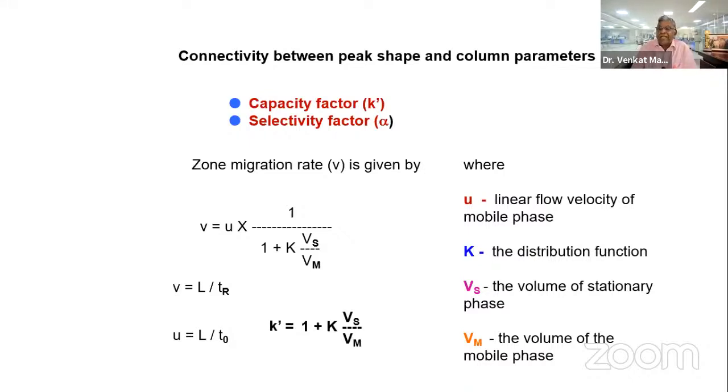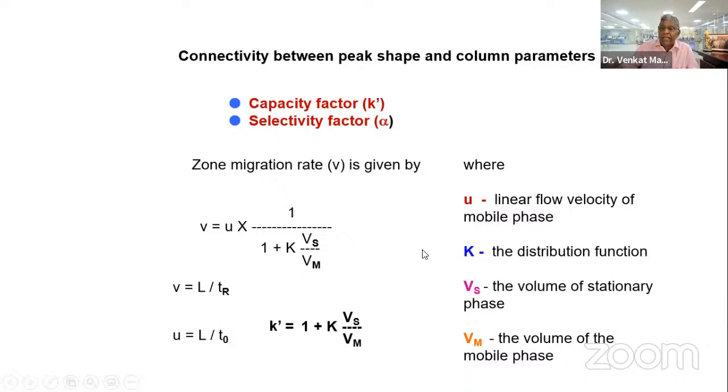The sample will come in the form of a band. We call it a zone. The rate at which the sample is coming in contact with the stationary phase depends upon the flow rate of your mobile phase. Therefore, I call that the linear flow velocity of the mobile phase.